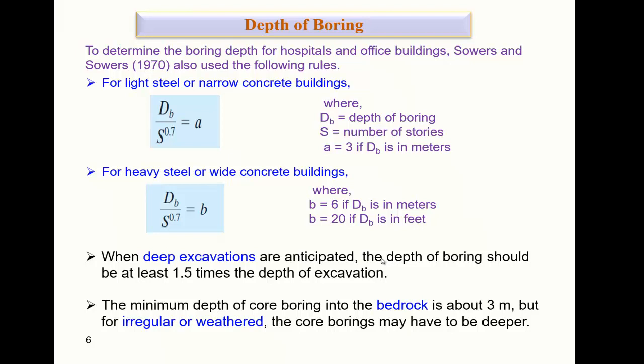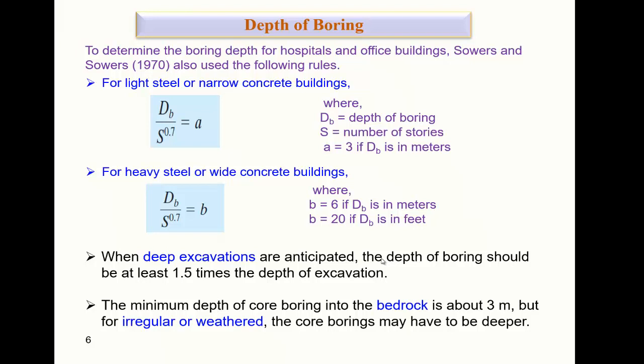If it is a 10-story residential building, you put the value of S as 10. If it is 5 stories, you put S as 5. Storey count is not fixed. Suppose you want to build a 3-story building, you consider 3. If you want a 10-story building, you consider 10. If you want a 15-story or even 20-story building, you consider S as 20. What is the problem? You understand? Yes, sir. Now I understand.